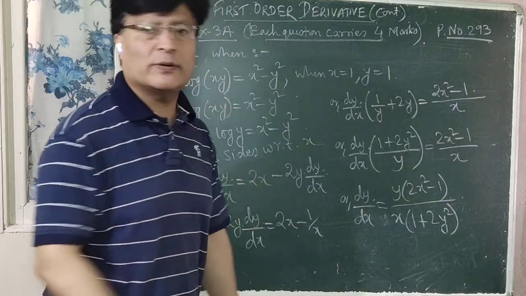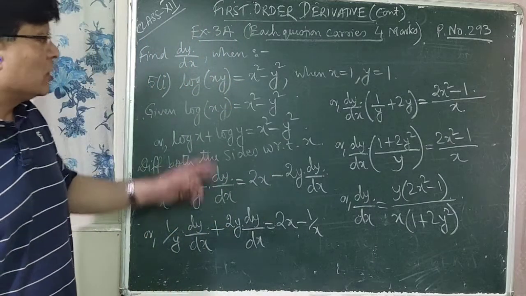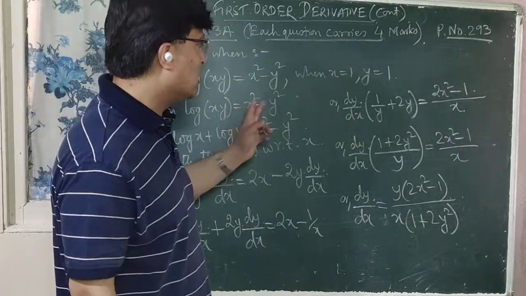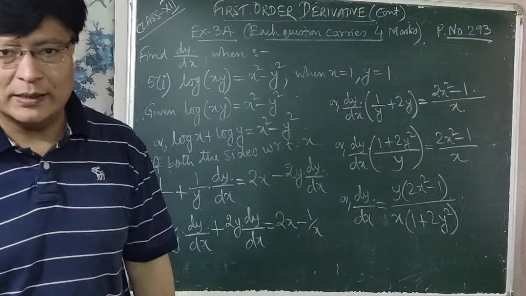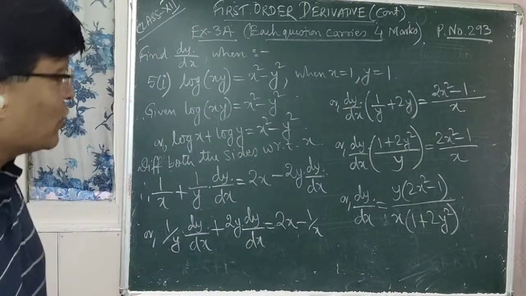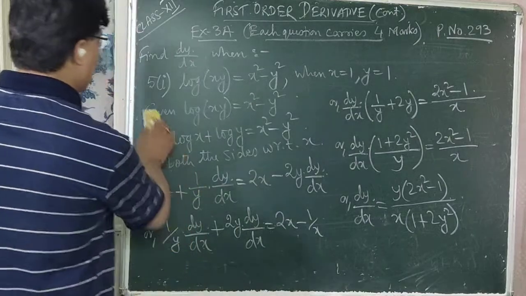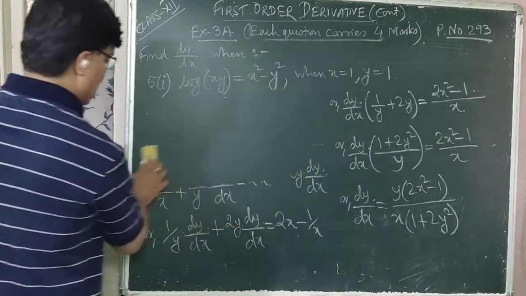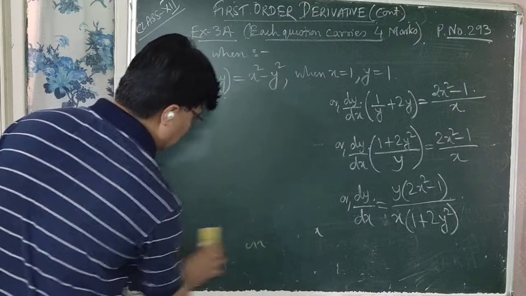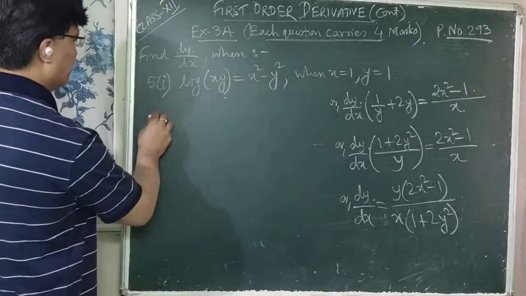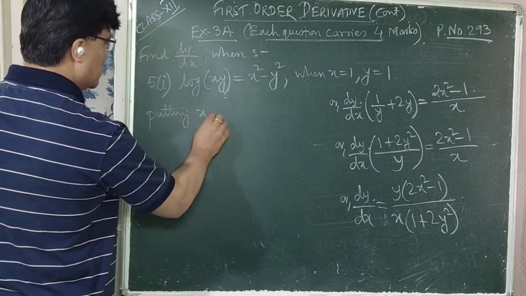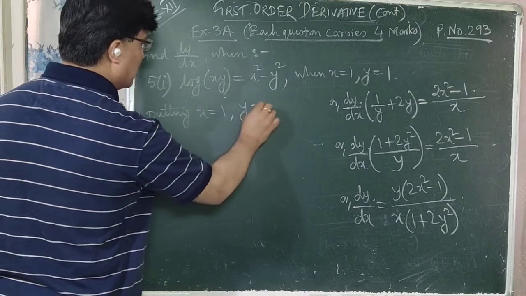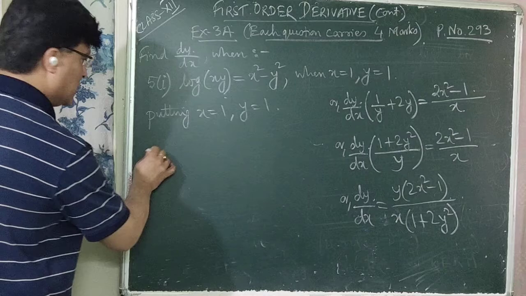But this is not your answer, because you have to get the value for dy by dx here when x is equal to 1, y is equal to 1. Now you have to put the values of x and y. That is, putting x is equal to 1, y is equal to 1, right?